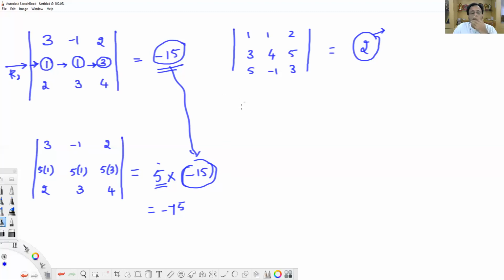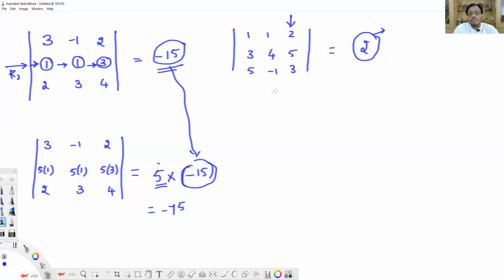Now, this time, instead of a row, I'm going to take column 3. Every element of column 3 has to be multiplied by some constant.